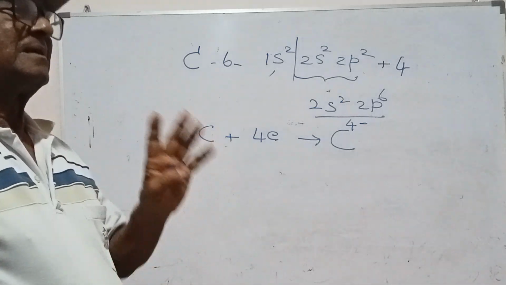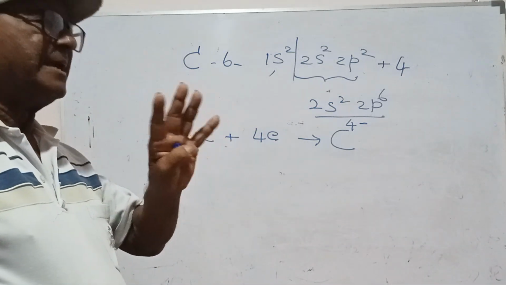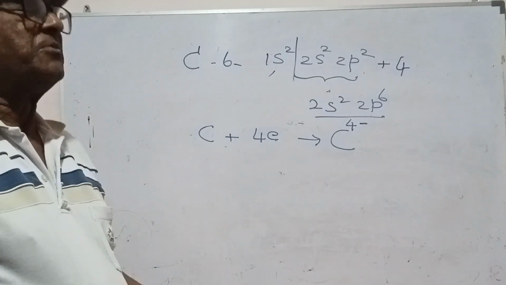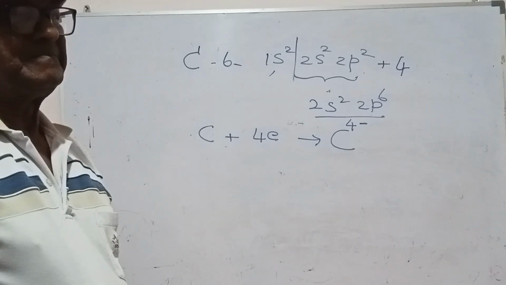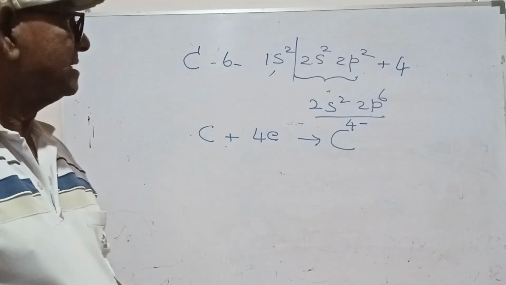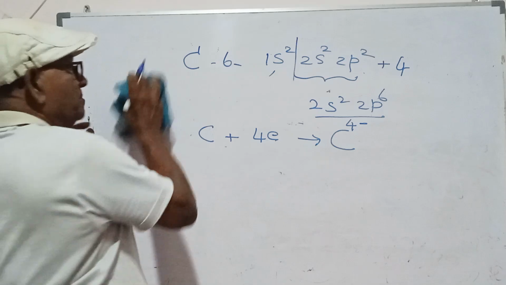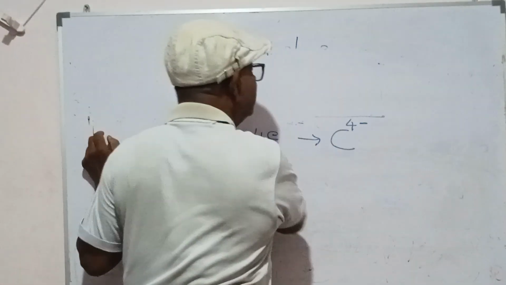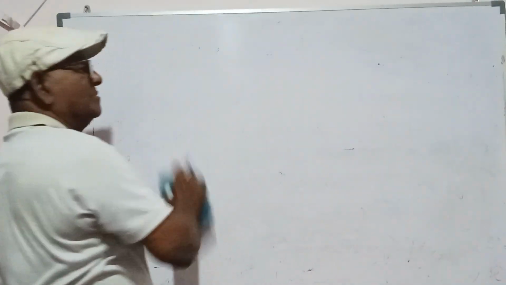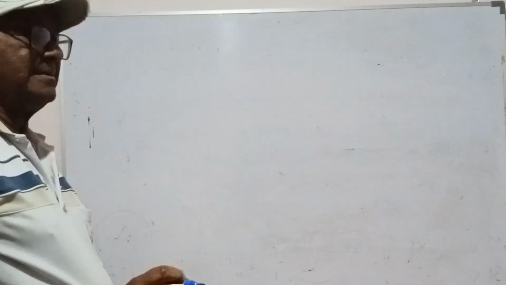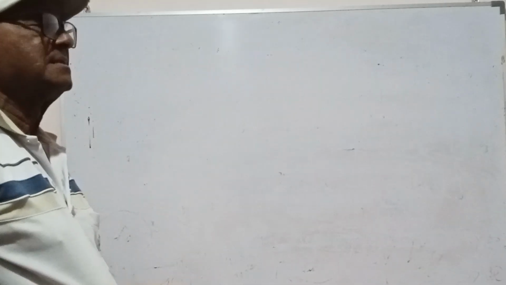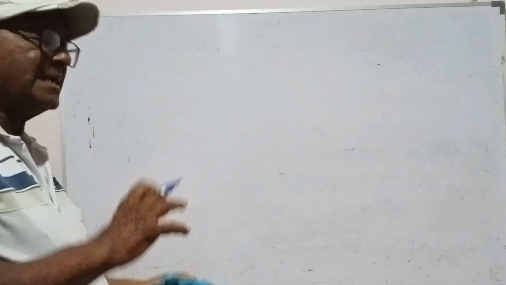But carbon never forms negative ions with a 4 minus charge. Right? You must keep in your mind that carbon does not form positive ions and negative ions like the other elements.